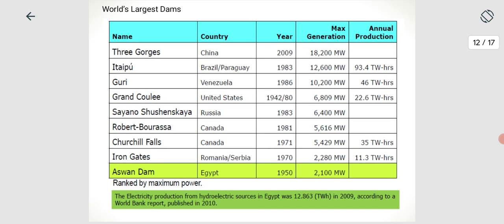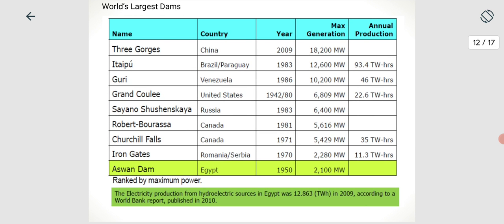The world's largest dams. Three Gorges in China, year 2009, maximum generation is 18,200 megawatts. Next, Itaipu in Brazil, 1983, 12,600 megawatts, annual production is 94 terawatt hours.